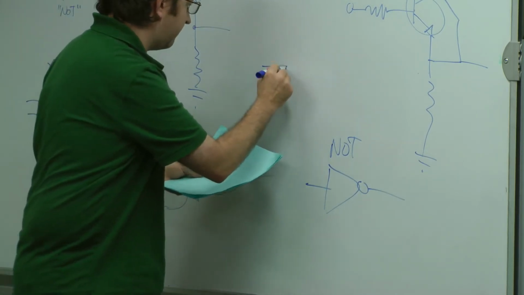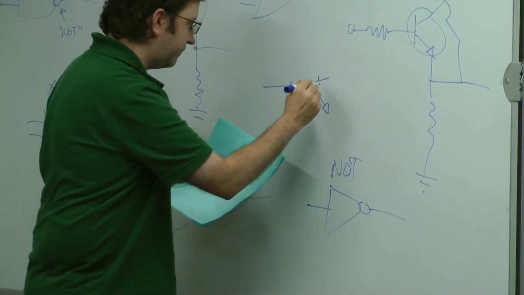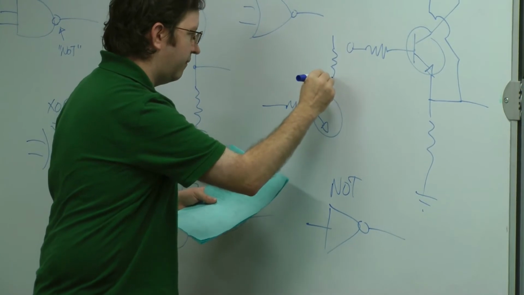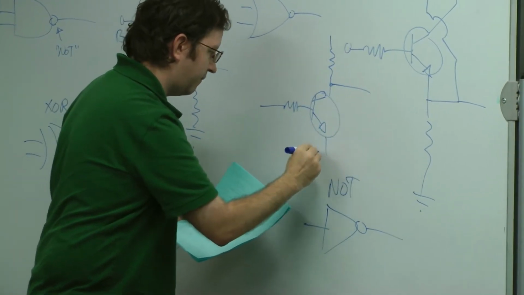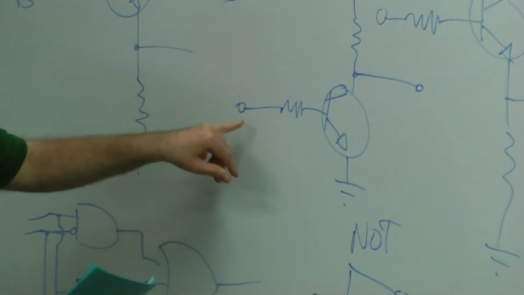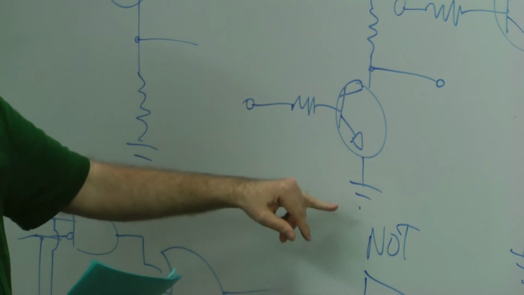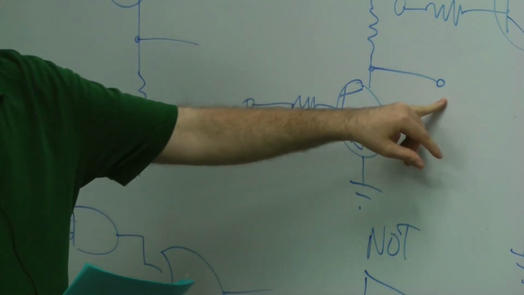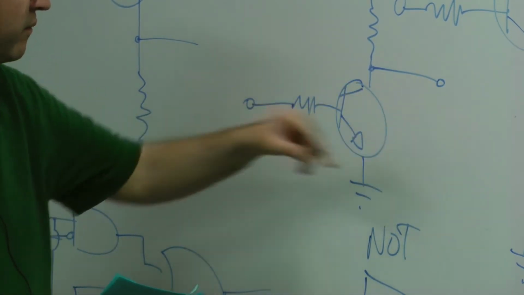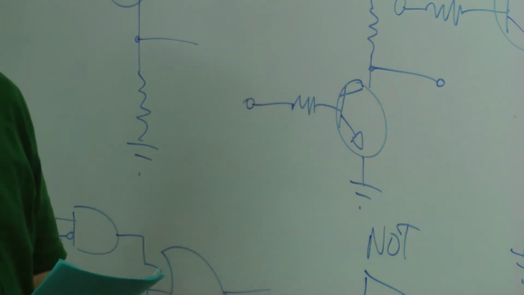You have a single transistor, and if you turn the transistor on, it allows the electricity to come through, and so this becomes 0. But if there isn't any electricity coming through, the electricity just goes through this way, and it becomes 1.